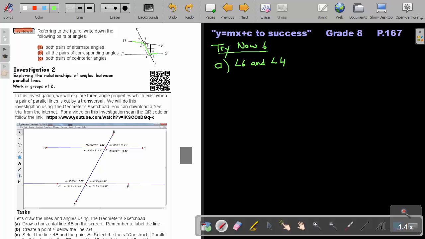I'm just going to clean it every time so that you see better. Now it can also be the Z like this. So can you see it will be 3 and 5. So angle 3 and angle 5.